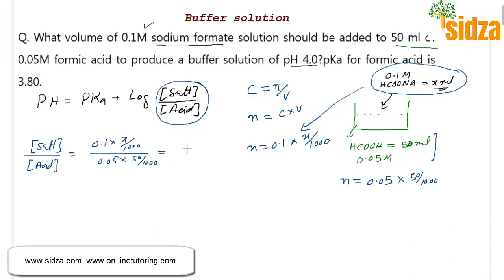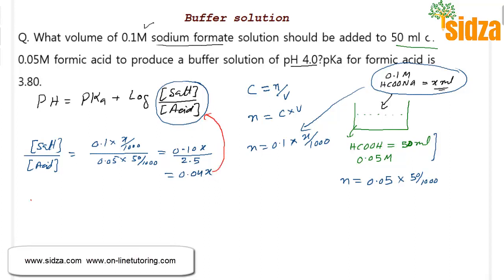And when you simplify this, it will be 0.1 into X divided by 2.5, and this will be equal to 0.04X.